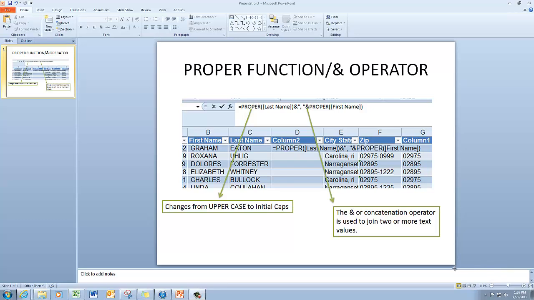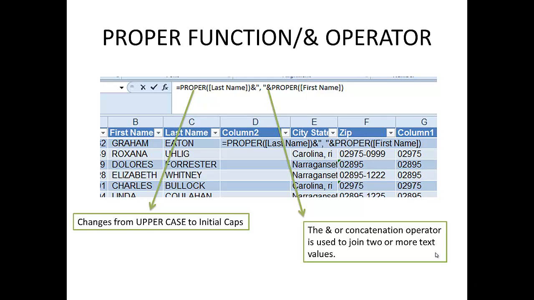In this video, I'm going to cover the proper function and the AND operator. So I've got a slide here that shows part of the worksheet that I'm working in, and it's showing a function that I've inserted into the worksheet.